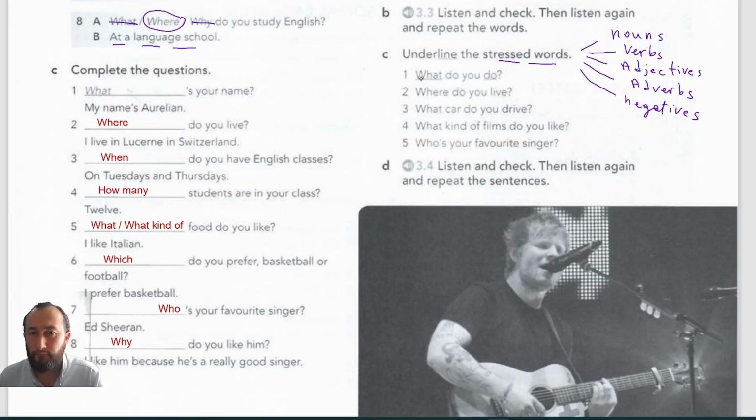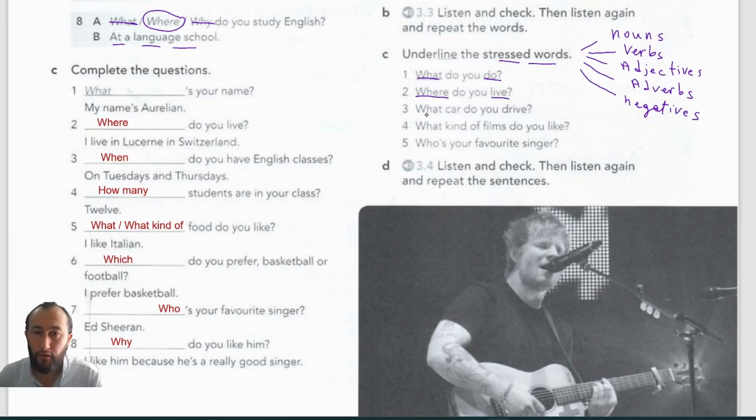Okay, so here the first one is: what do you do? Look, what do you do? Do here is the main verb, but here do is the auxiliary, and it's a positive auxiliary, so there's no need for stress on it. Okay, guys, so here what and do. Number 2, where do you live?